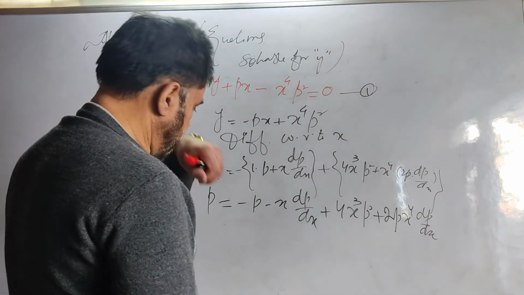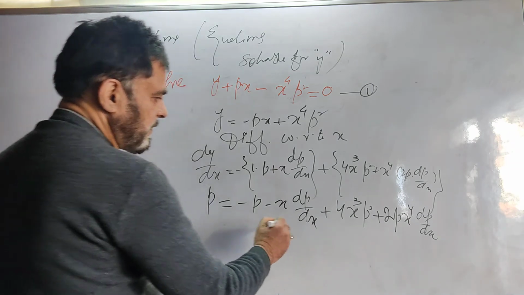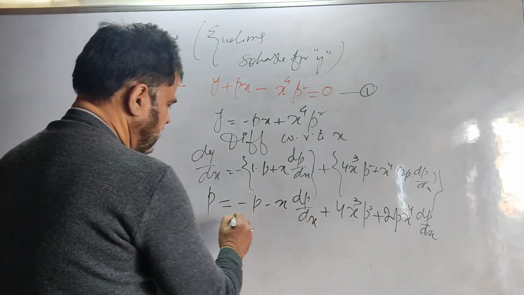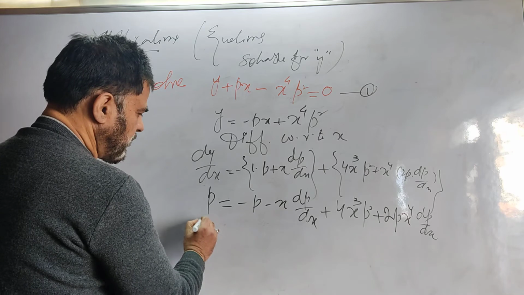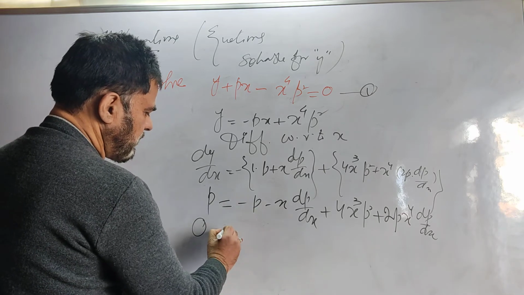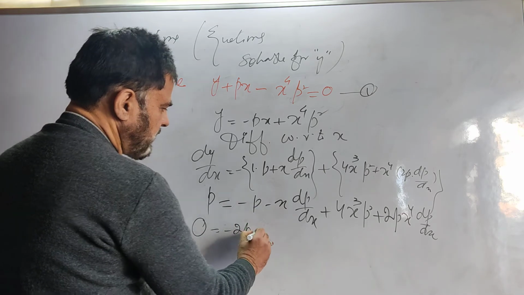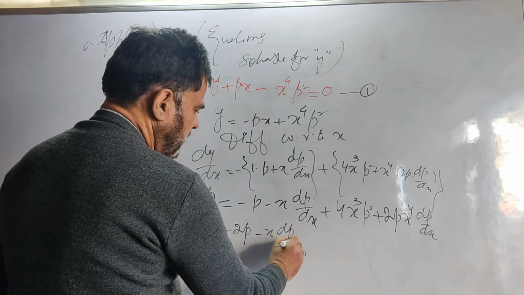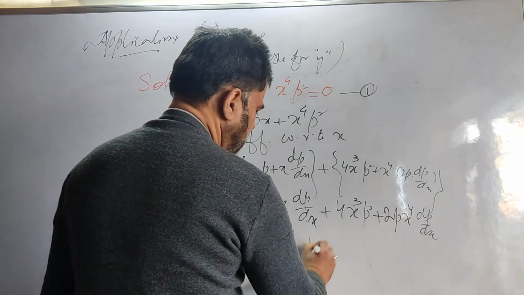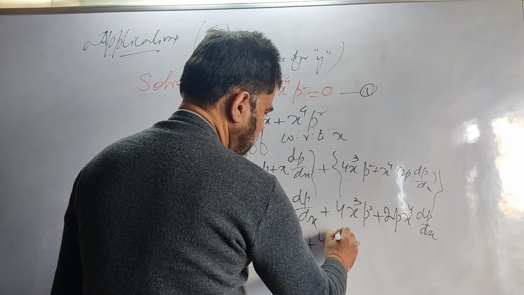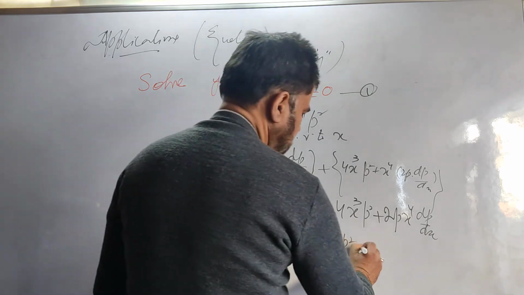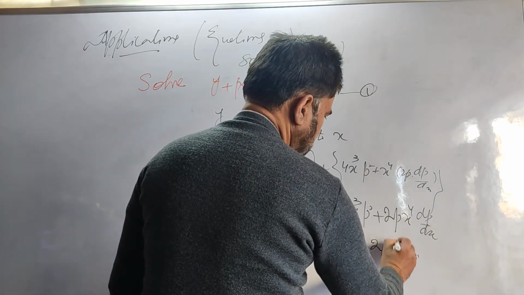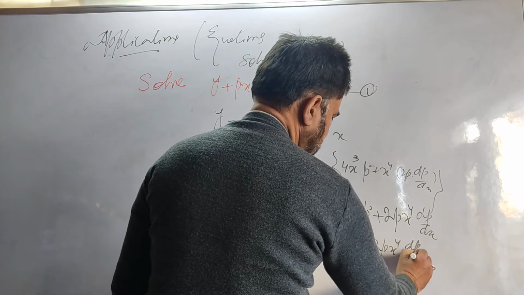The terms which are free from dp by dx, I will collect them. I can write it as 0 is equal to p minus 2p, minus x dp by dx plus 4x^3 p^2, plus 2p x^4 dp by dx.